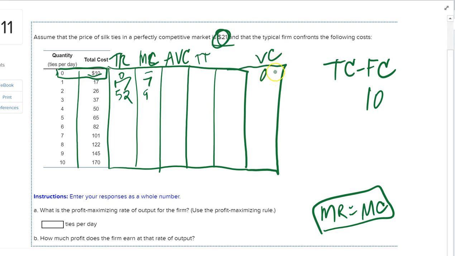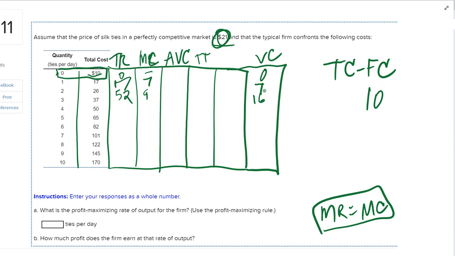For that first unit, if 10 is my fixed cost, then my variable cost for that first unit must have been 7. For the second unit, if my total cost is 26 and my fixed is 10, it's 16, and so on. Okay, then from there I can get my average variable cost. I'm going to take my variable cost divided by my units of output, and there's my average.